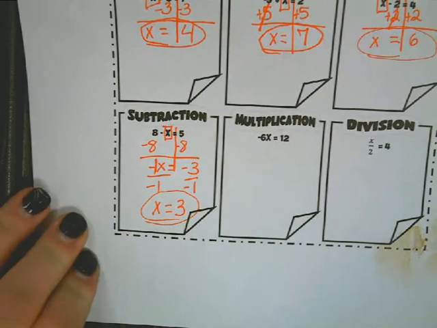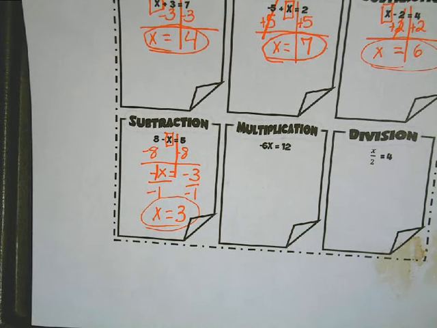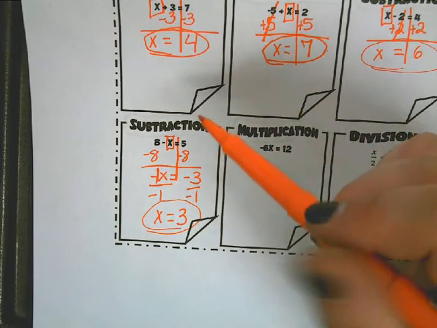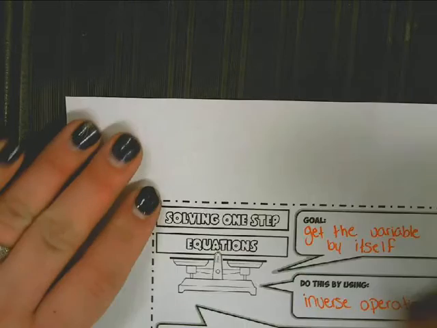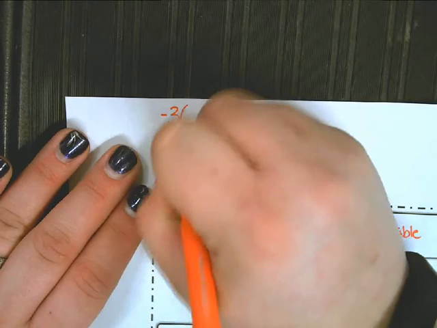Okay, so it seems easy, right? And I'm going to have a lot of you say, do I have to show my work? Yes. You have to draw your line. You have to box your letter. Because, don't write this down, but I want to show you, you're going to get up to problems that are like this.